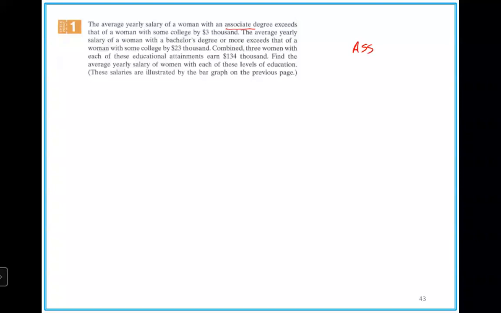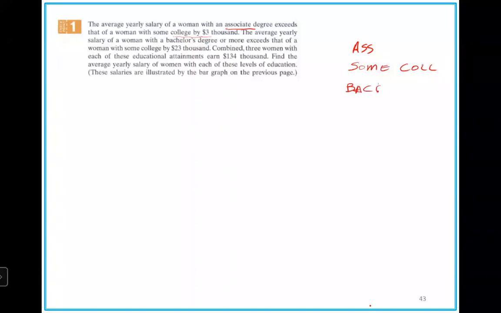And then we have some college. What else we have? Let me see. The associate degree, some college, and then we have bachelor's.